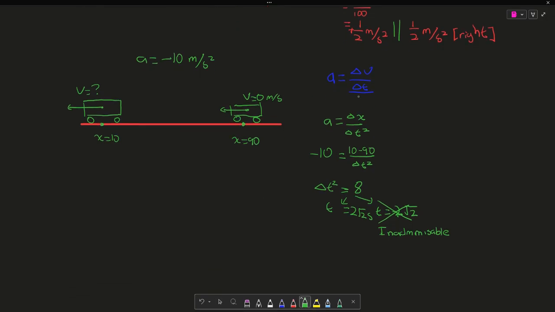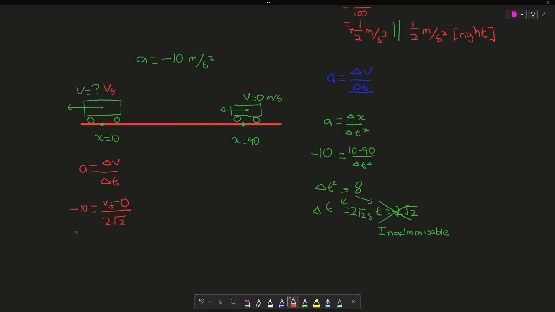And now you have t, so you can calculate the actual velocity. So we'll go here and we'll rewrite a equals delta v over delta t. And we know acceleration, negative 10, equals delta v, which is just final, let's call this v final, v of f, minus initial, which is 0, so vf minus 0 over delta t, which we already calculated, 2 root 2.